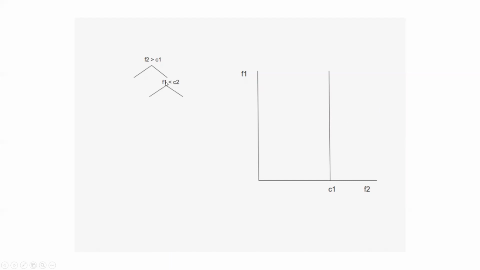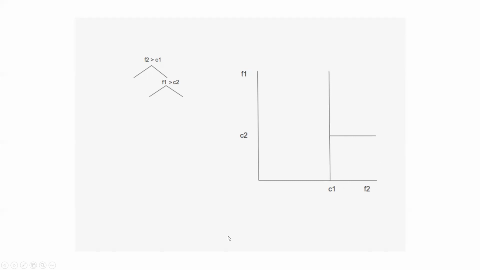So we're going to say, is feature F1 less than some threshold C2? And remember, this is only going to affect one partition. So we've gone with this partition here. And this straight line does not extend into this partition over here, because the question of whether F1 is greater or less than C2 only applied to this partition.